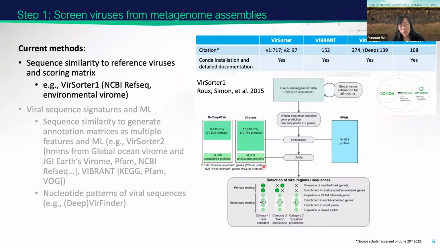It then screens for viral-like genome structures, such as depletion of non-viral genes or enrichment in short genes. These results are put into primary and secondary metrics to build probabilistic models that evaluate whether a given sequence is more viral-like or just expected by chance alone, based on the overall frequencies of viral-like genes in the whole dataset.